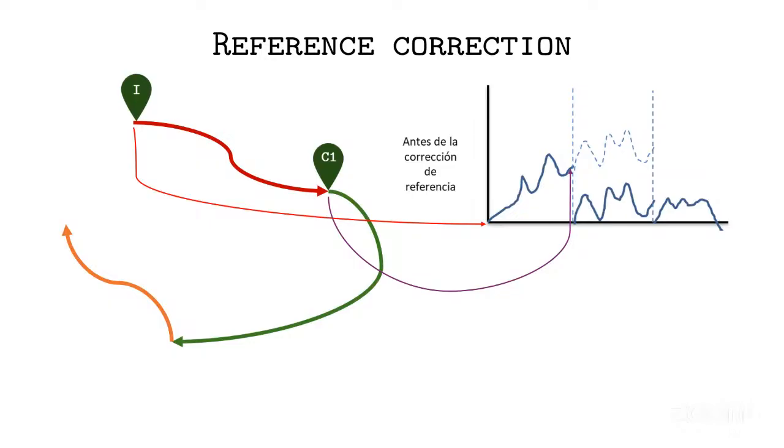For example, for the first section, this is the reference. And for the second section, the reference is different. The reference of the second section is not this, it is this.